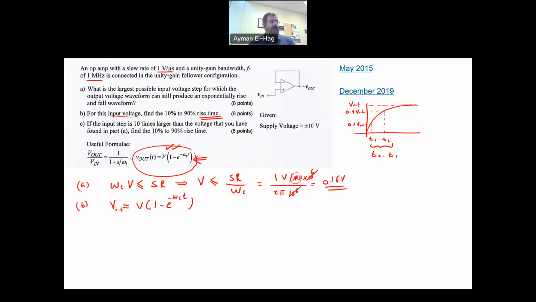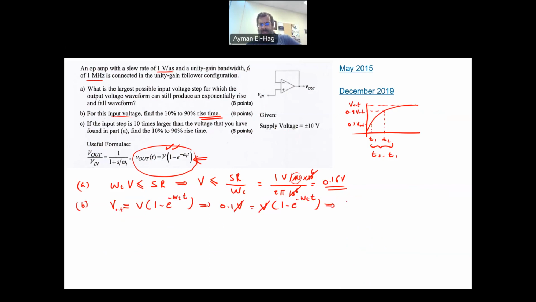The unknown here is the time. Now, your output voltage will be equal to 0.1 of that voltage. Whatever the voltage will be, like 0.16, as far as it is 0.16, it is 0.1 volt equal to V times 1 minus e to the minus omega t times t. The V will cancel here, okay?